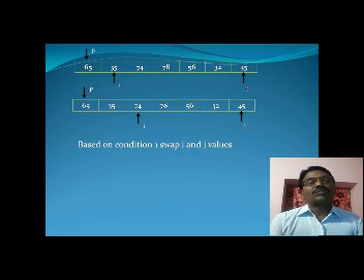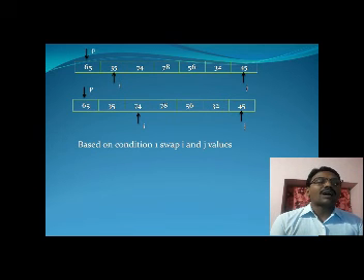Now I represents 74. In this case, both the I and j index values fail the conditions. Now based on that, swap the I and j values.